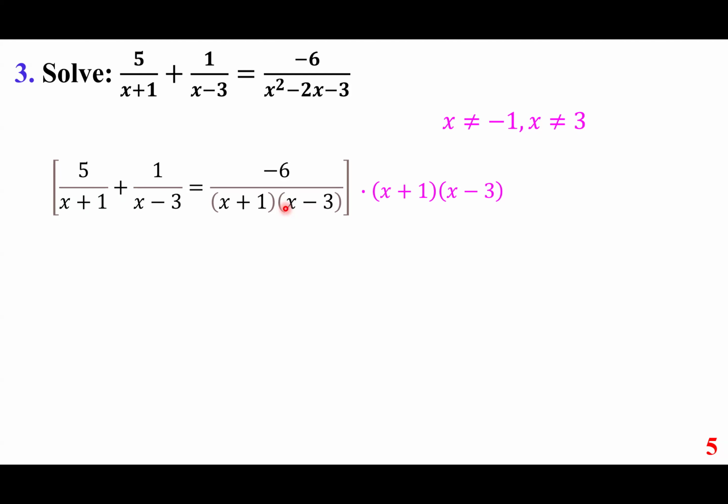So what happens when we do the multiplication? If you multiply this by this one, you get 5 times x minus 3. This one, 1 times x plus 1, because x minus 3 goes away. If you multiply these two, this completely goes away and becomes -6. I hope nobody has any problem with that.